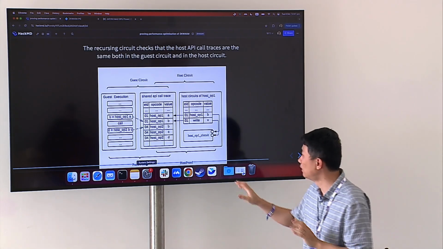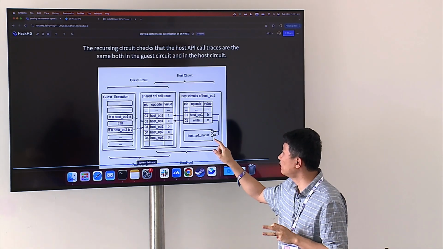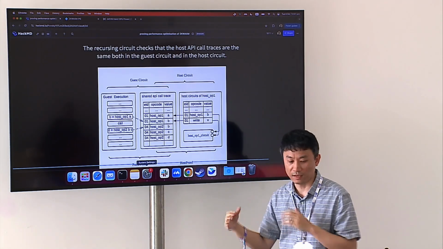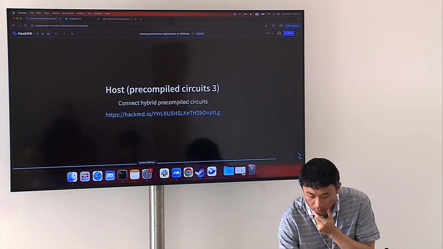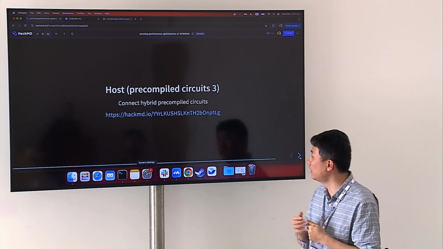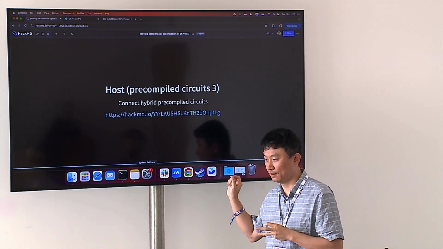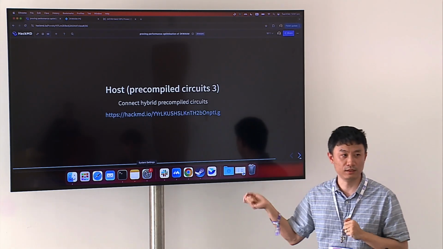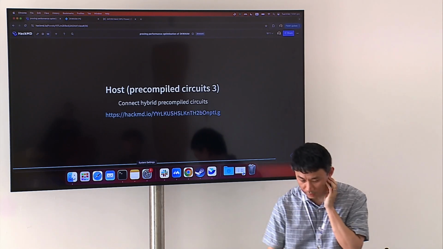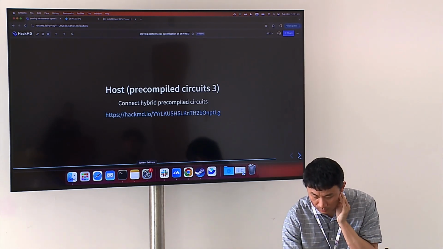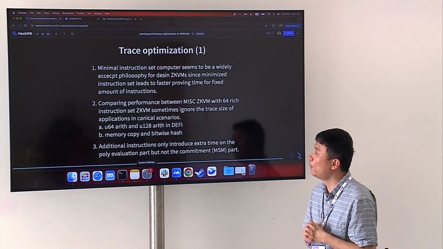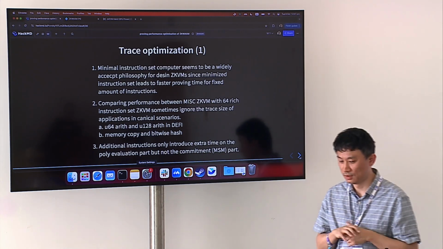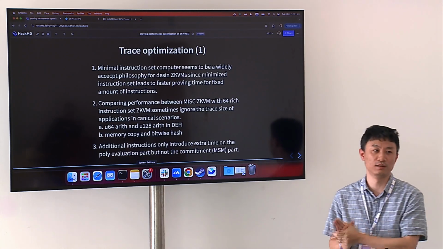Because if we're adding host proofs here, we don't have enough rows in the recursion circuit. If anyone is interested in connecting GKR with KZG, there's a doc here, but that's not the current target.